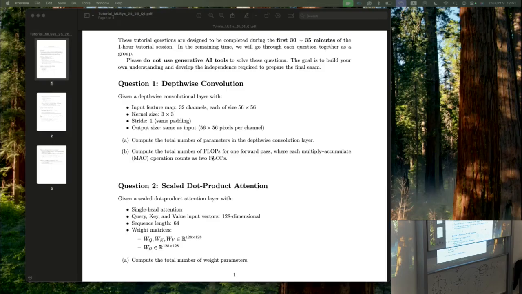Here we assume there's no bias. In our exam questions, I will clarify this. For example, I would say there's no bias here to make it clear. And for your question, if you put it in the system later on, I will clarify.